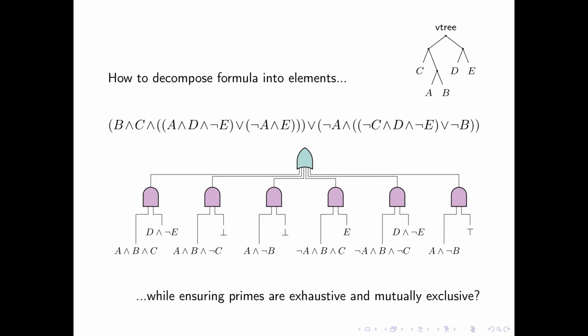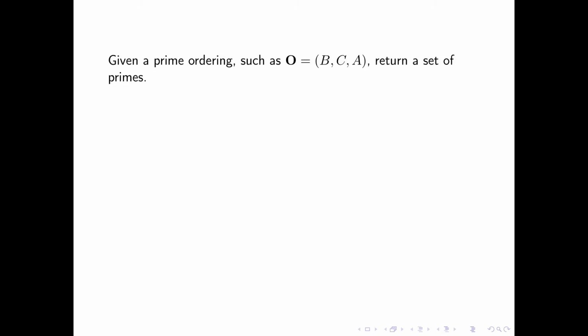And on the right-hand side, in the subs, they should appear as a subset of D and E. And so when we figure this out, then we know that we can randomly sample an ordering. So for instance, B, C, and A of the scope of the V tree, left-hand side of the V tree. And then we can return a set of primes by naively expanding each possible prime through a recursive procedure.